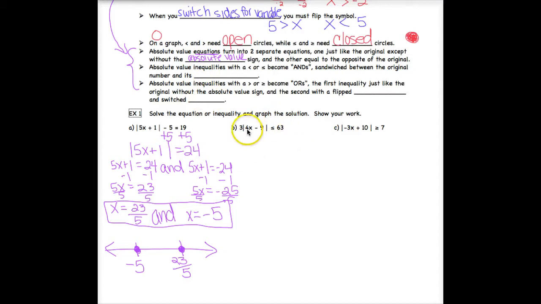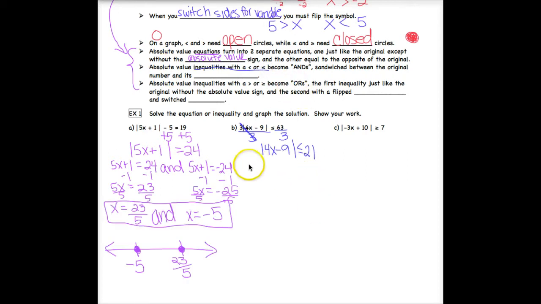So the next one, again, must get the absolute value term alone first. So I need to divide both sides by 3 to get rid of this first. So that leaves me with the absolute value of 4x minus 9 is less than or equal to 21. Now, here is the rule for inequalities with a less than or a less than or equal to symbol.